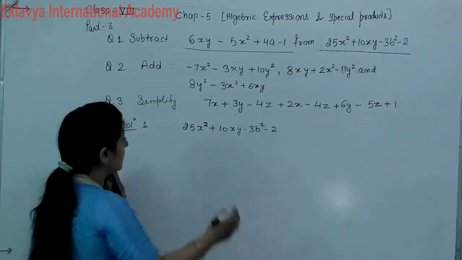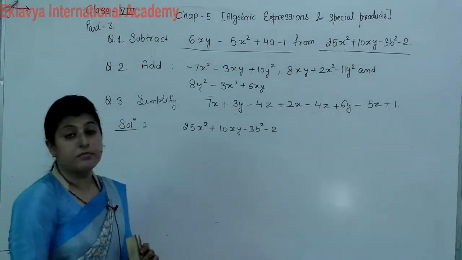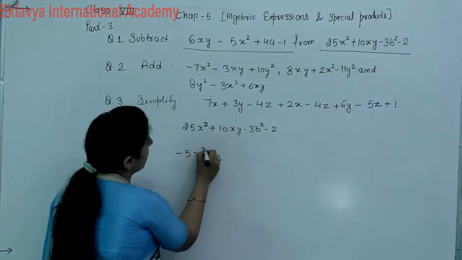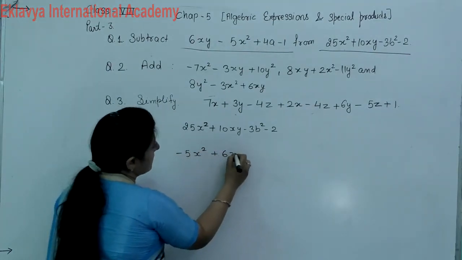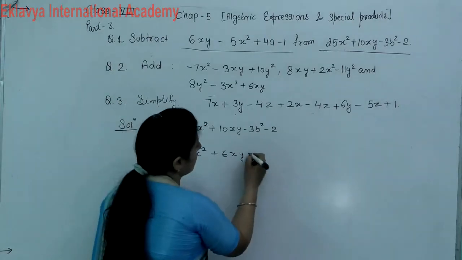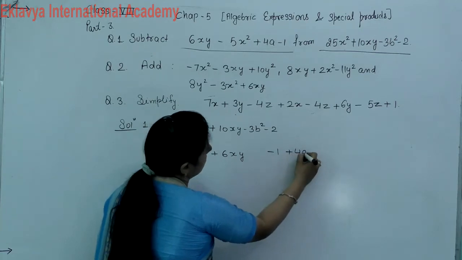Now the second one, try to write the like terms in a sequence: minus 5x square, plus 6xy, plus 4a, here not minus 1 but plus 4a.